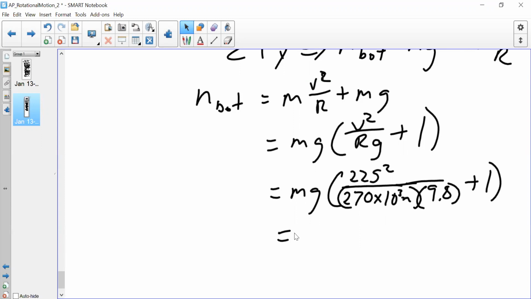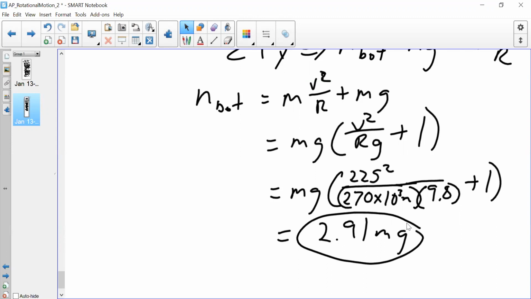When you do all that, you're going to get 2.91 mg at the bottom. So the normal force at the bottom is going to be about twice your weight. So you feel heavier than what you actually are, and for this loop, by about 2 times. If we were going to Magic Mountain and you got on the Goliath ride, you can get an appreciation of why you feel so heavy at the bottom of the loop.